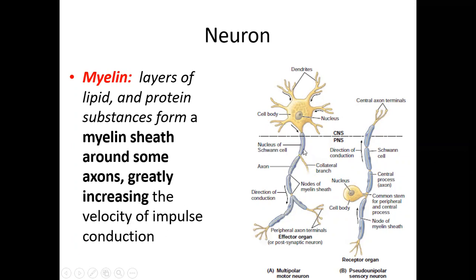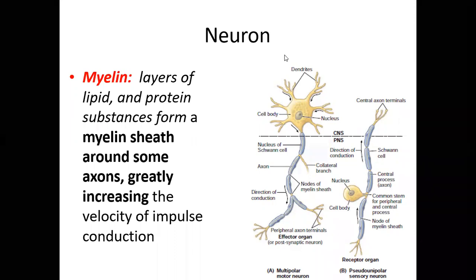So each of these axons will be covered by a sheath called the myelin sheath. What is the function of the myelin sheath? It will increase the speed with which the impulse is carried. If there is myelin, it will carry the impulse very fast.